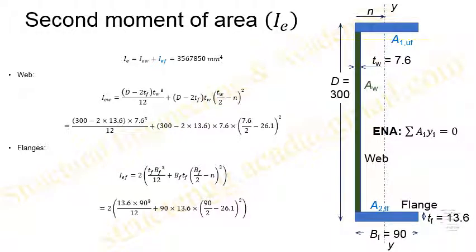The elastic neutral axis has been calculated. Now IE has to be calculated, that is, the second moment of area of the whole section. It has again been divided between web and flange, and calculated as explained earlier.